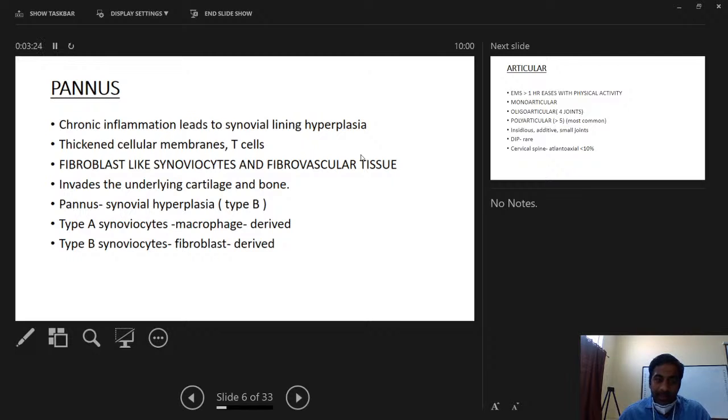Pannus has type A and type B. Type A is mainly macrophage derived, whereas type B is mainly fibroblast derived. Pannus is always fibroblast derived, type B.